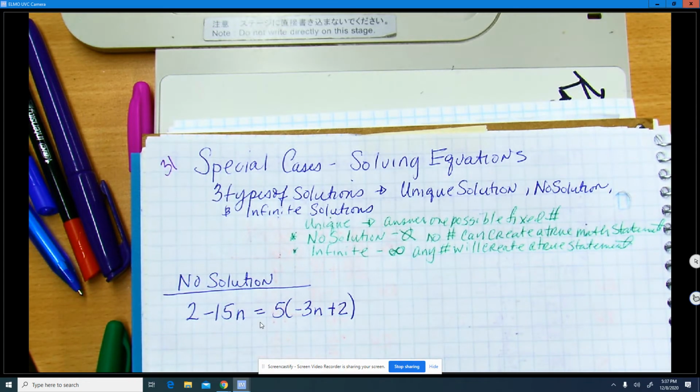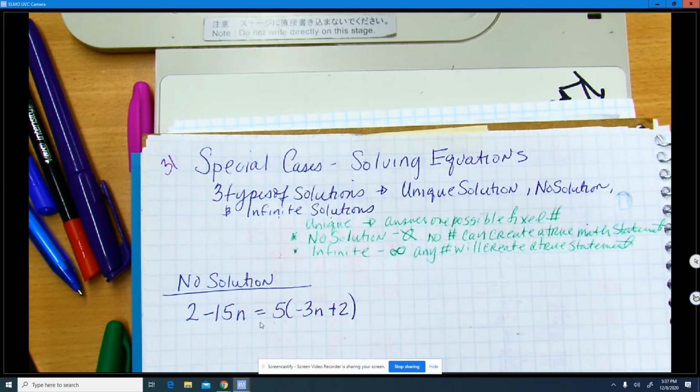Now, one of the keys to identifying the no solution or infinite solution special cases is you want to go back to those rewind steps that we talked about. And one of the things we talked about with variables on both sides, for example, is that we always want to get all of the variables on one side of the equal sign before we deal with the fixed numbers.